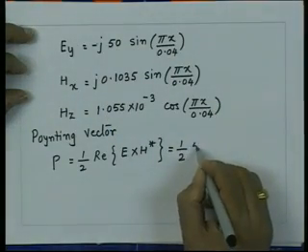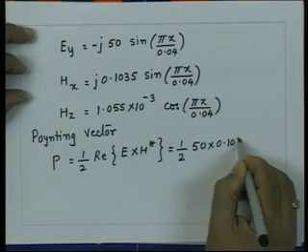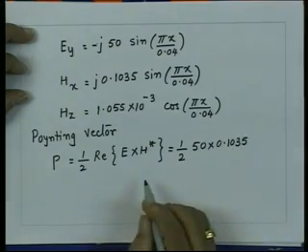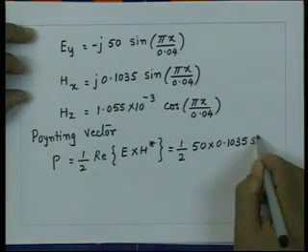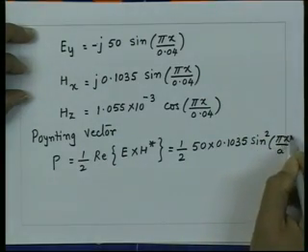So, this is 50 into 0.1035 into sine square pi x upon a.